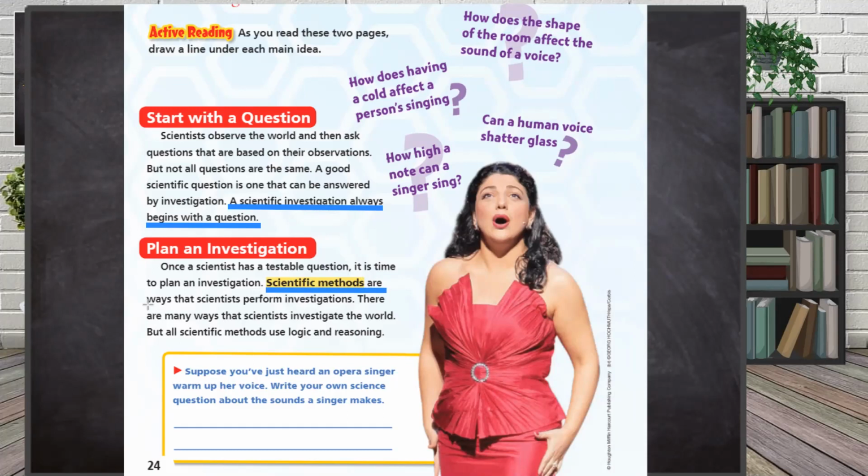It's Maria's turn. Scientific methods are ways that the scientists perform investigations. Yes, excellent. So what is a scientific method? It's the scientific ways how they perform their investigation, how they make their investigation. Okay?